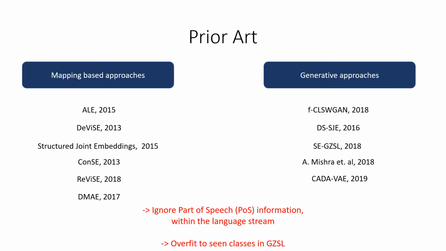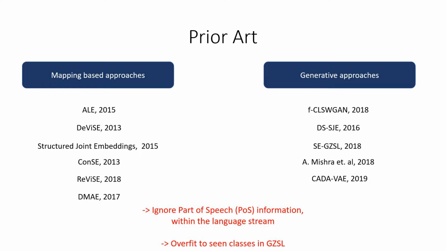Typically, ZSL or GZSL approaches can largely be segregated into two major themes. The first one are mapping-based approaches, where the data from the visual stream and the language stream is aligned after being projected to a common embedding space.